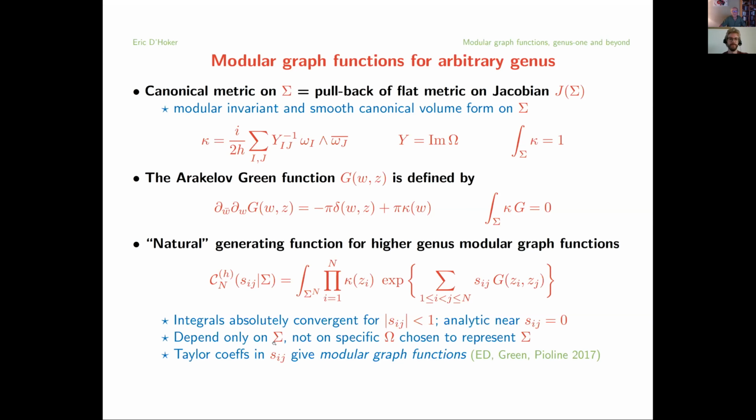They depend only on the surface, not on the specific period matrix chosen to represent the surface. So they are modular invariant, another way of saying it. And so one can do a Taylor expansion at s equal to 0. And so we define the coefficients to be modular graph functions at higher genus. That can be one definition.